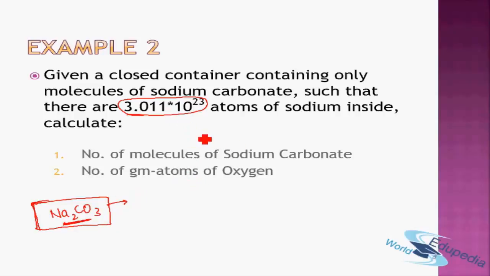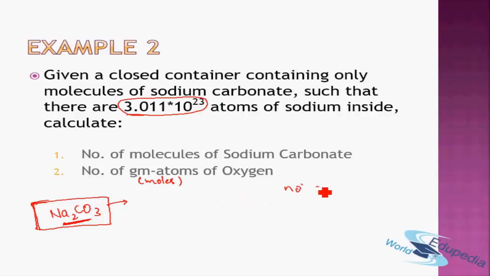Based on this information, they are asking us to calculate the number of molecules of sodium carbonate, and number of gram atoms of oxygen, that means number of moles of oxygen atoms. So let's see how we can do that. Once again, we know that the number of sodium atoms is 3.011 into 10 to the power 23.